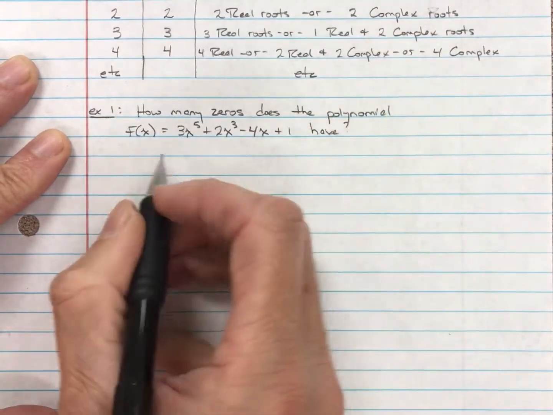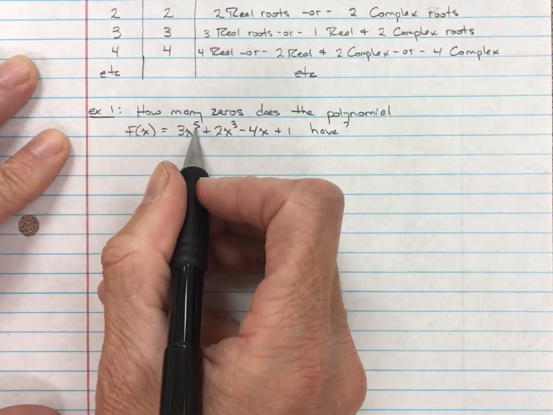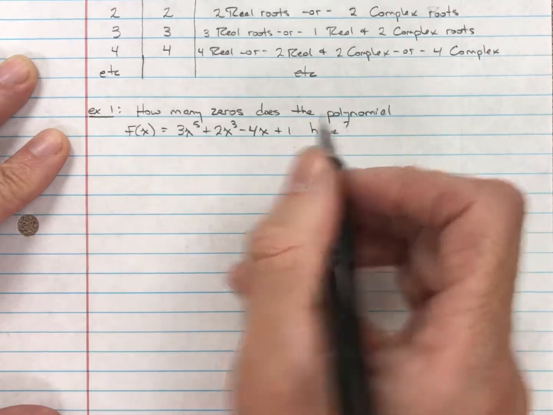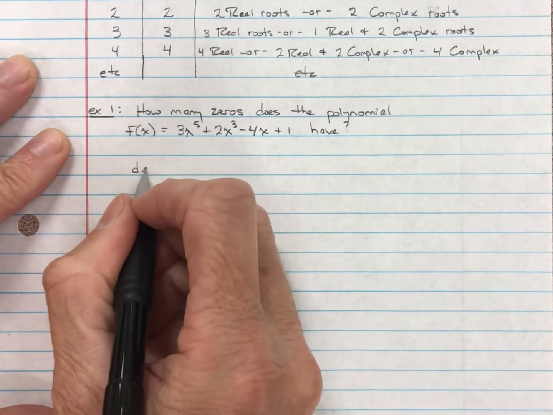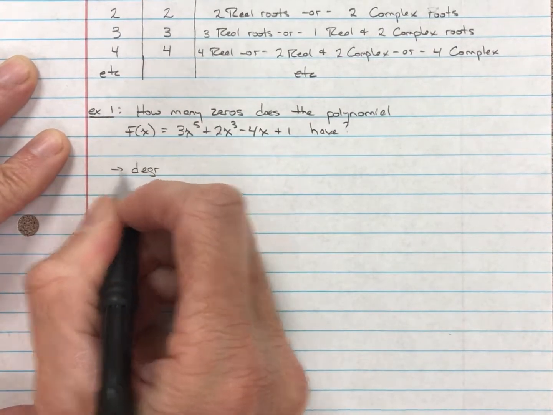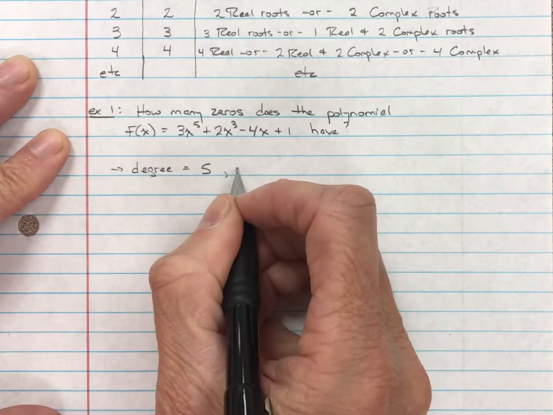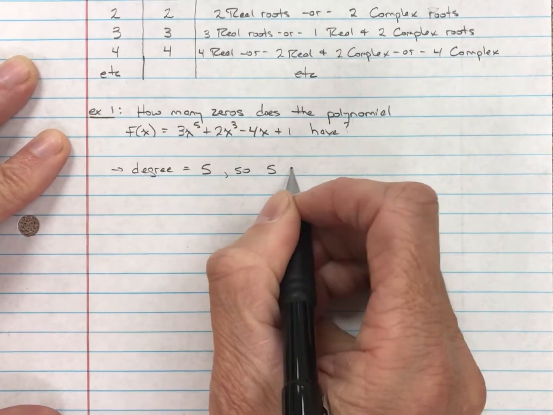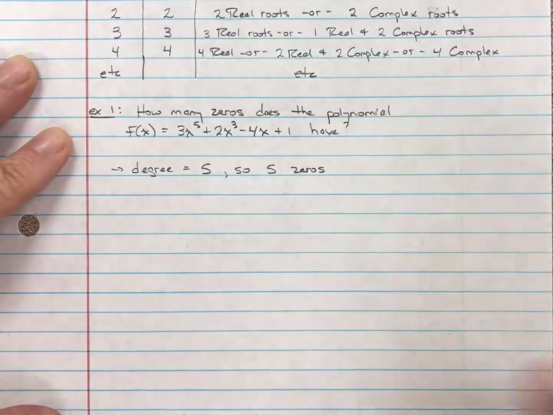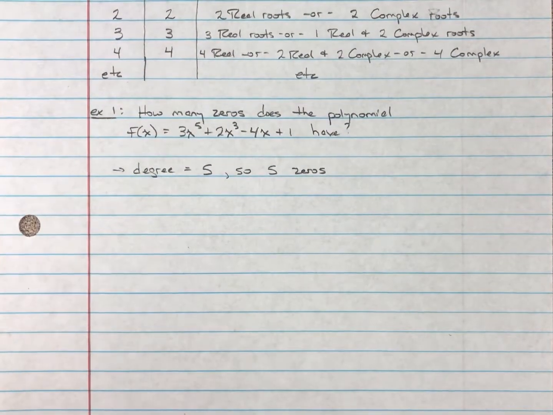Well, the answer is it's degree 5, therefore it has 5 zeros.